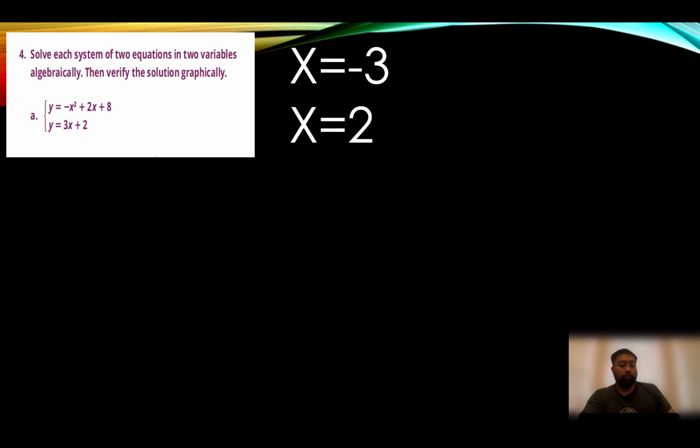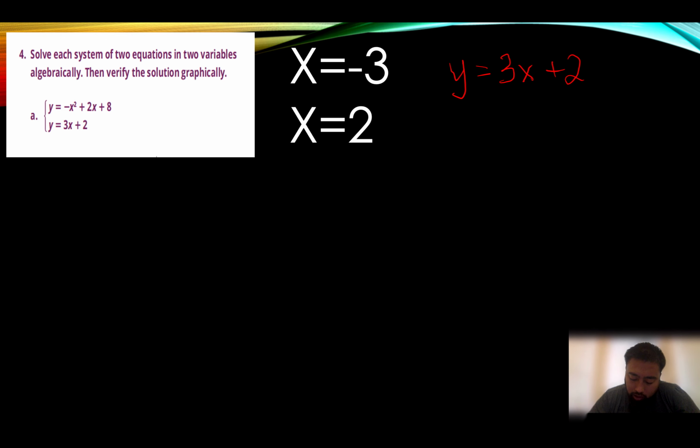Alright guys, from the last page we got x equals -3 and then x equals 2. So now we have to solve for y. So we're going to take the easier one, which is y equals 3x plus 2. Now substitute x in.